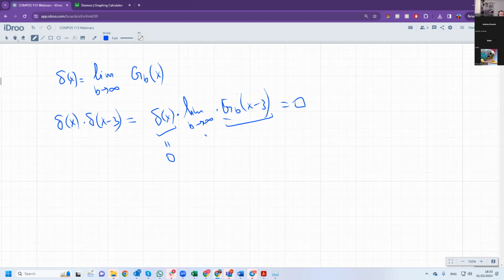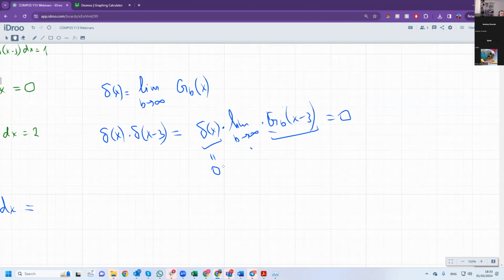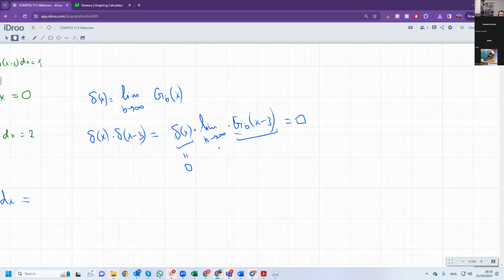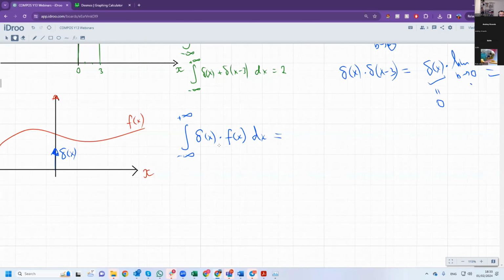Okay, so I hope that makes sense. If you make a sequence of these as b tends to, sorry, not infinity, of course, but 0.